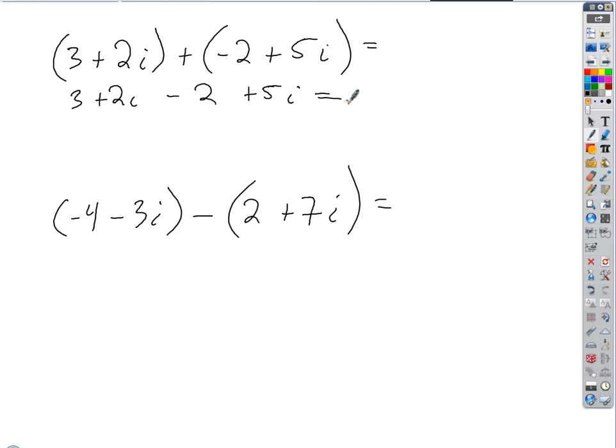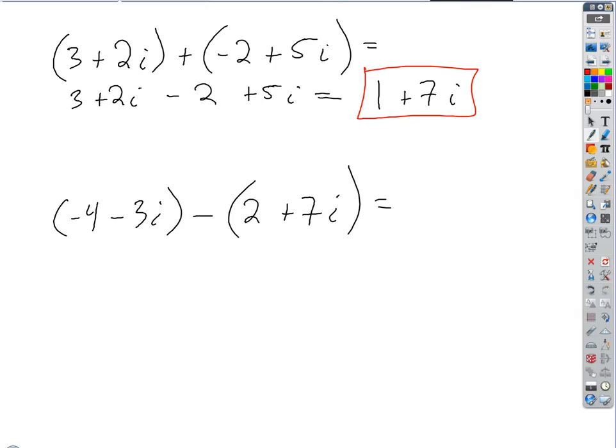So I was able to just get rid of those parentheses when I'm adding complex numbers. Don't even need them. Add up like terms, and what do we get? 3 minus 2 is 1. And then 2i plus 5i is? So that's our answer. That's it. No big deal, right?